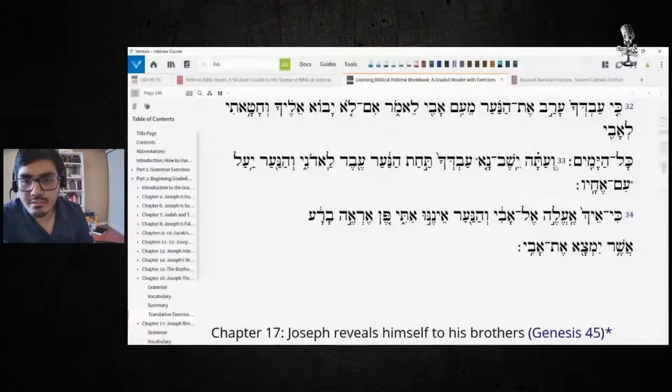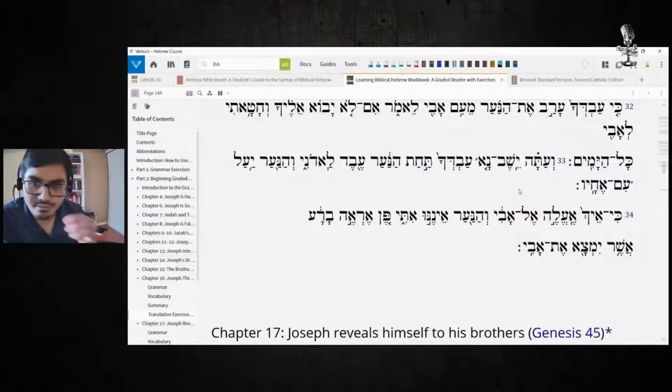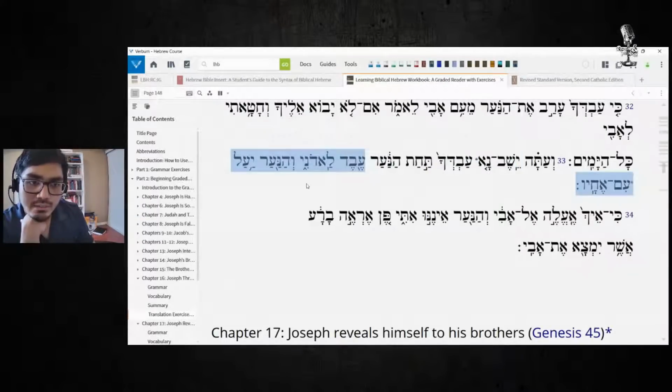Verse 33, Ve'ata yeshevna avdecha tachat hana'ar eved la'adoni ve'hana'ar ya'al im echav. And now, let him sit, let your servant dwell instead of the young man as a slave to my lord.